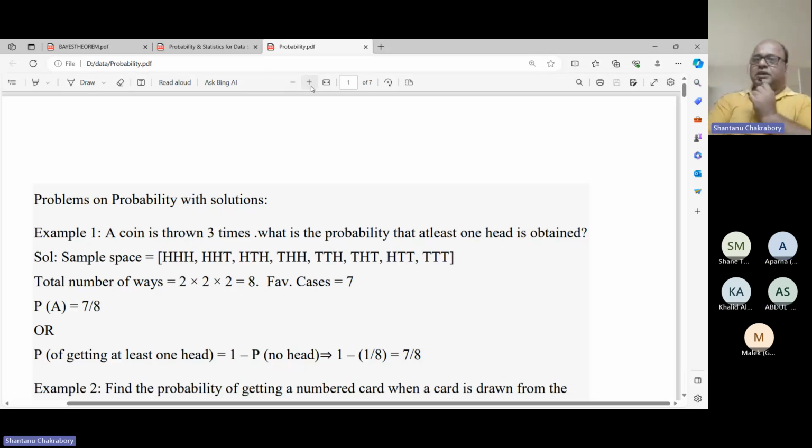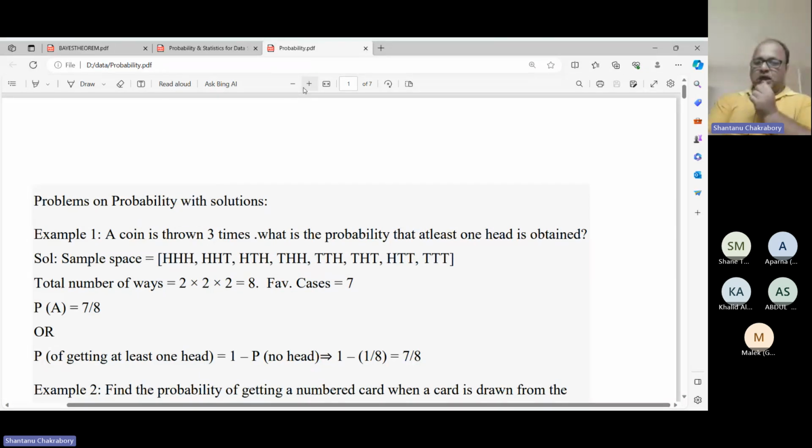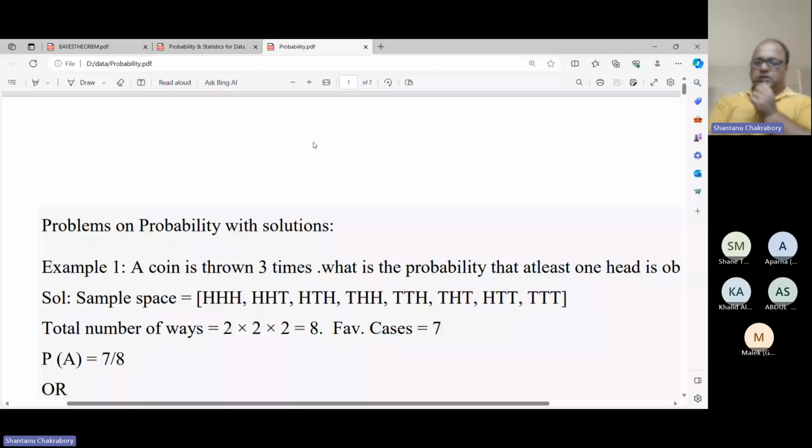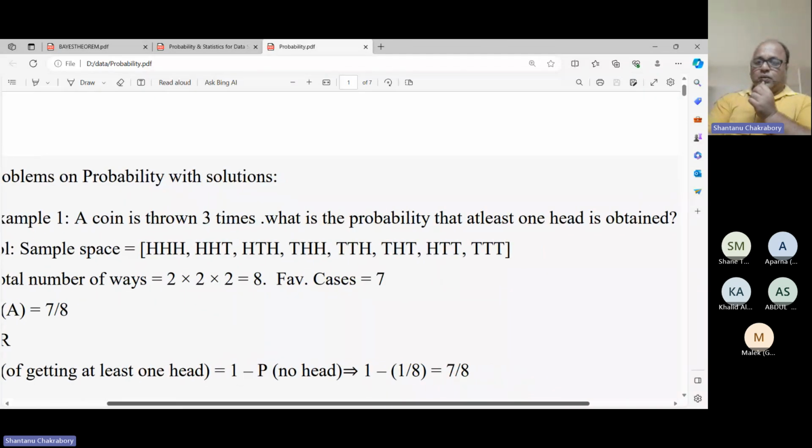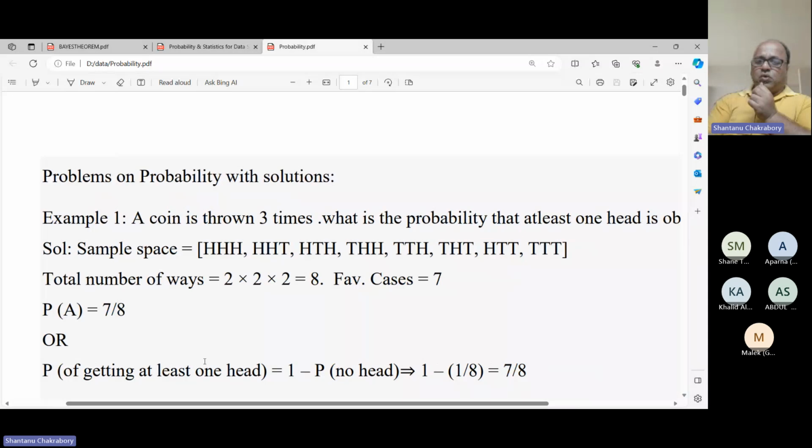Again, I repeat. There are 3 coins, and we are throwing them one by one; a coin is thrown 3 times. You take a coin and you throw it once, twice, and thrice. So what outcomes can you get?